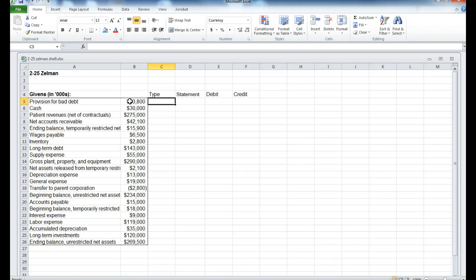And what I'm going to end up doing is sorting this. So we're going to call this a revenue, and we're going to know that revenue is on which statement. You have two choices here. There's the balance sheet, and what we had been calling the income statement in not-for-profit entities is the statement of operations.